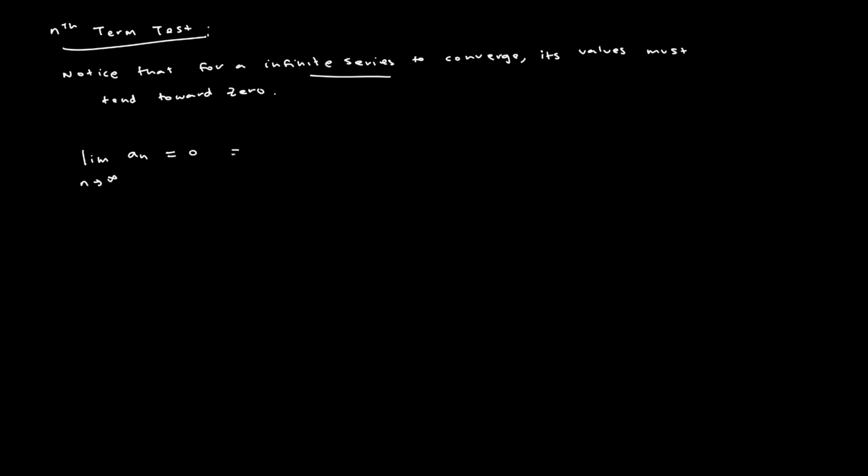And that's also the same thing as saying that the limit as n tends towards infinity of the sum of the first n terms minus the sum of the first n minus 1 terms also has to tend towards 0.